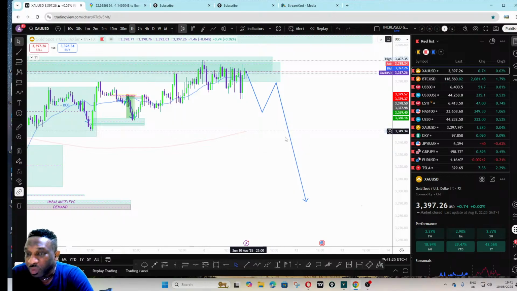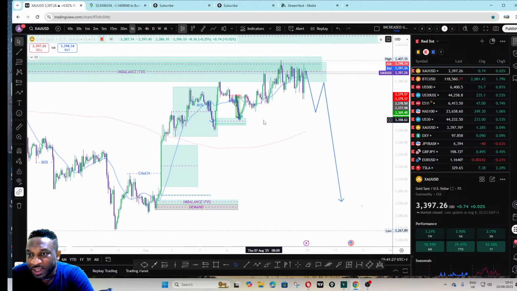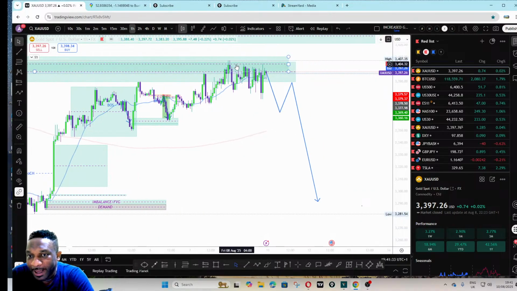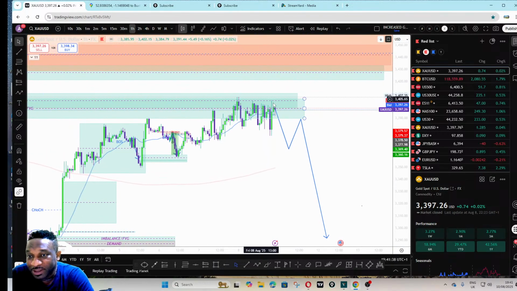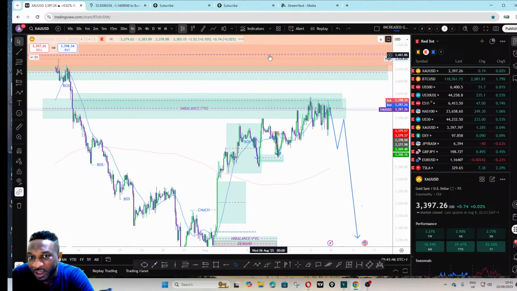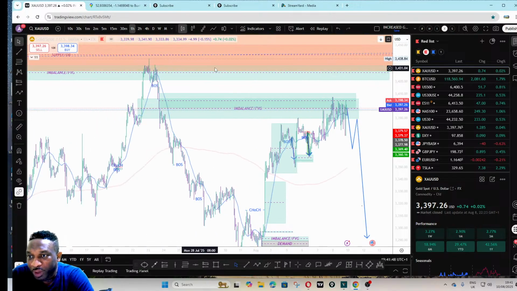So first of all, we can see that even here there are equal highs created. So before any sales are going to take place, we can expect the overall aim is for price to clear the liquidity above here, as we identified that this is an equal high zone.